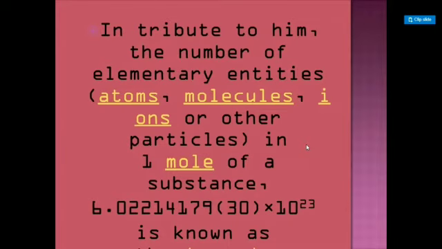In tribute to him, the number of elementary entities, atoms, molecules, ions, or other particles in a mole of a substance, the value is 6.02214179 into 10 to the power 23 and is known as Avogadro number.